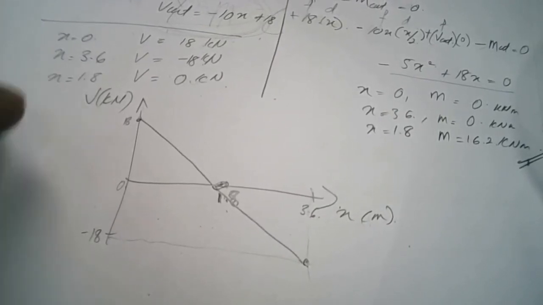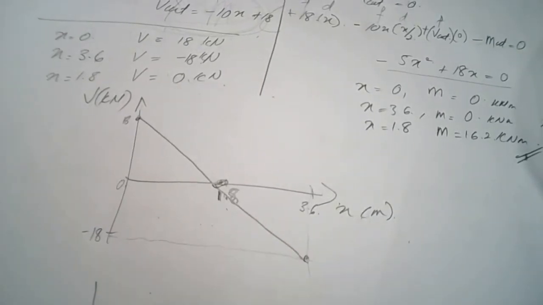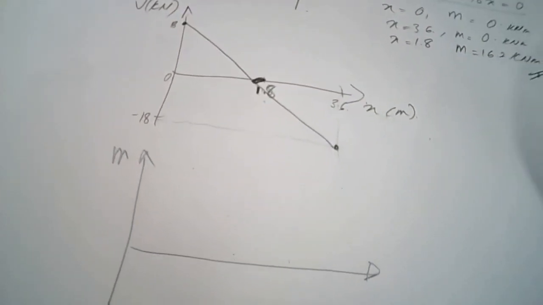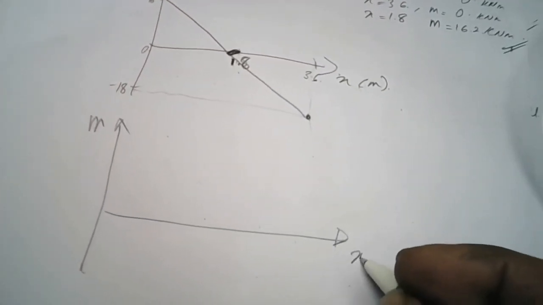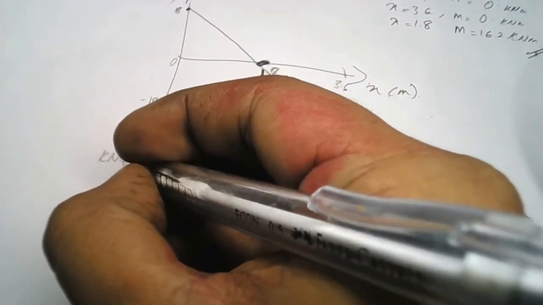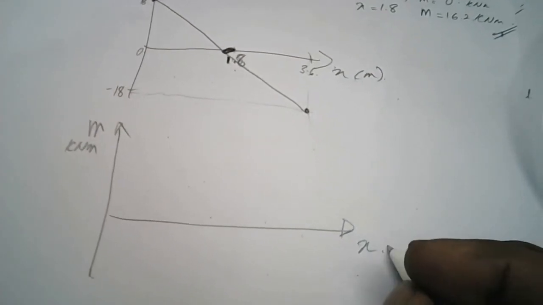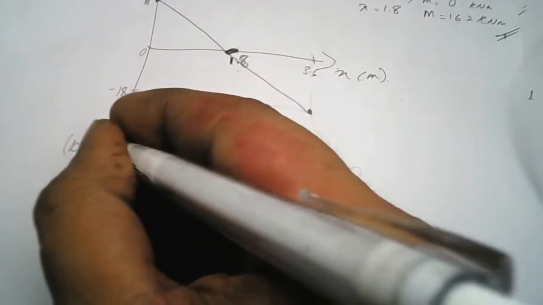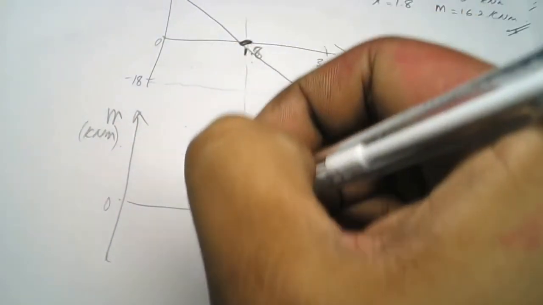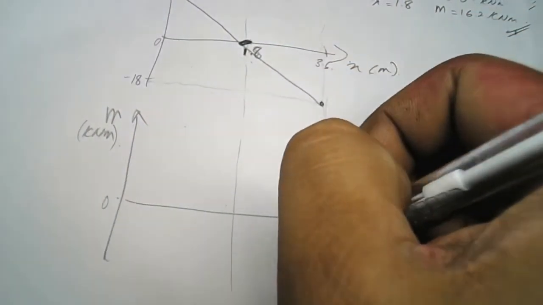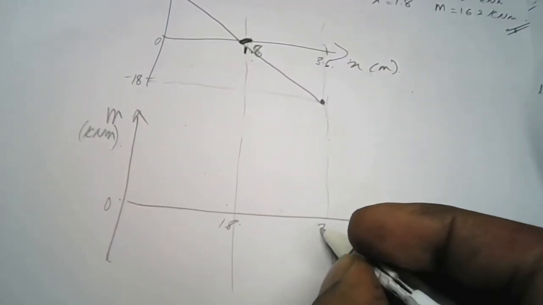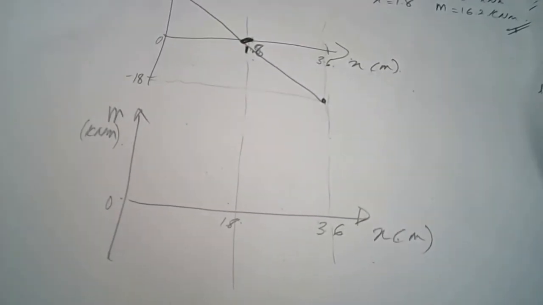For the moment diagram, we have moment here in kilonewton meter, and x axis in meters. This is the zero value, this one is 1.8, and this one is 3.6.